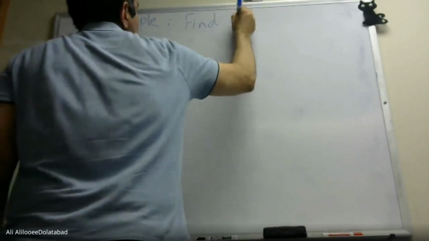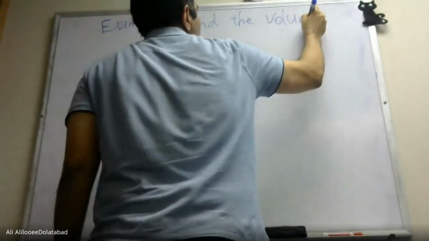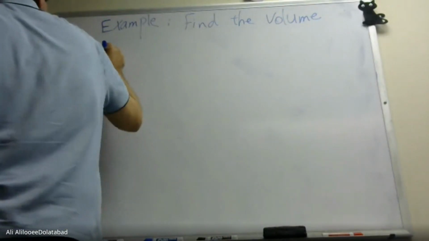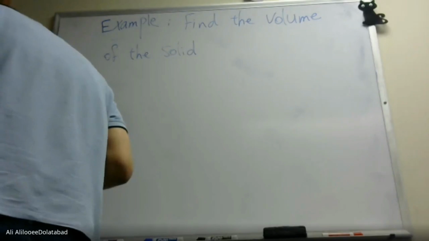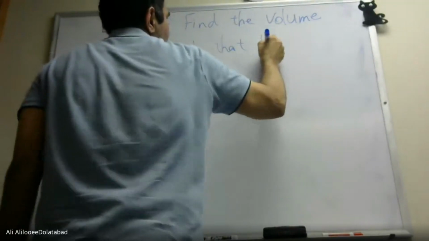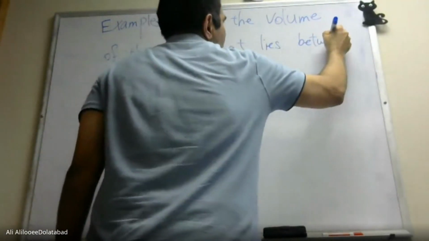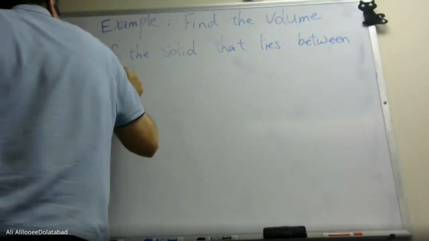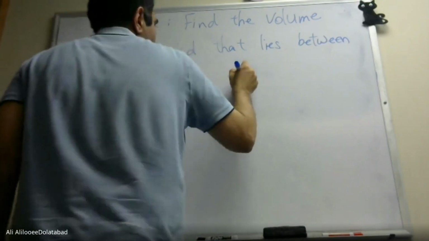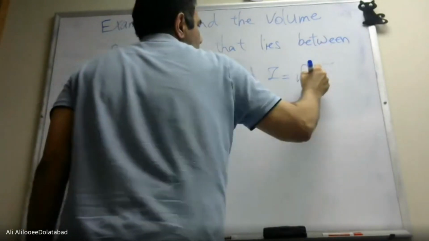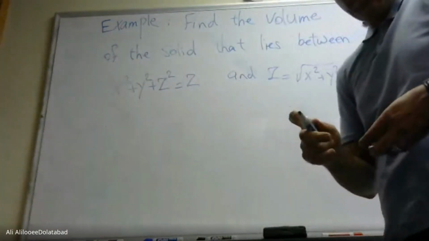Example: find the volume of the solid that lies between x squared plus y squared plus z squared equals z, and z equals root x squared plus y squared.